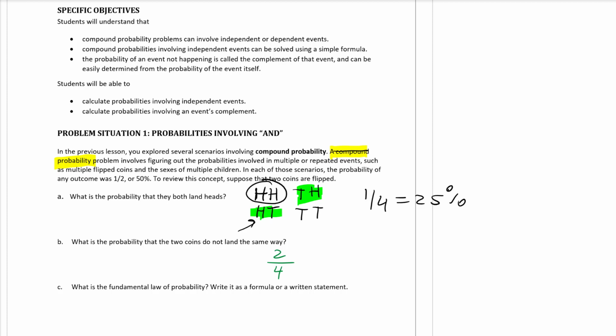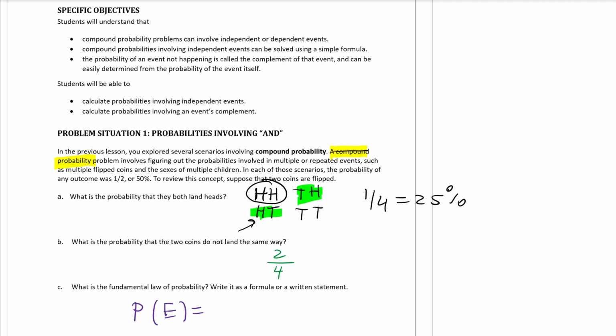So part C is reminding ourselves, what is the fundamental law of probability? I mean, we know the probability is a fraction. Now, how do we define it again? So probability of an event equals what? I'll give you a couple of choices to choose from. Okay? And let's review.